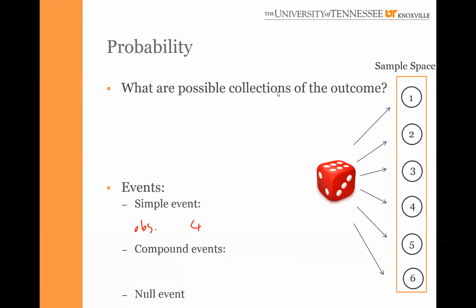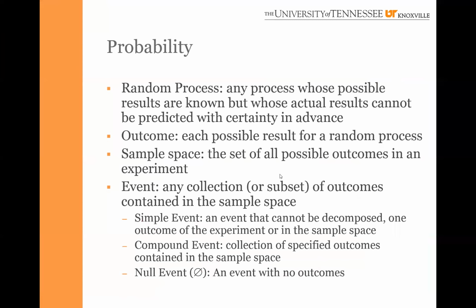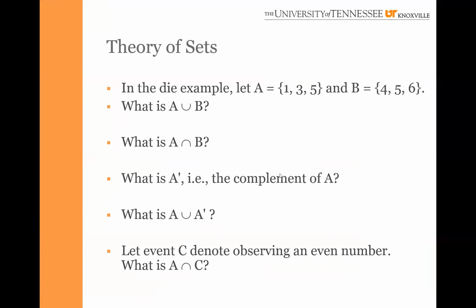Observing the 4. What is a compound event? Even numbers, which is 2, 4, or 6. A null event, it cannot happen, right? And these are my definitions of random process, sample space, outcome, and event.